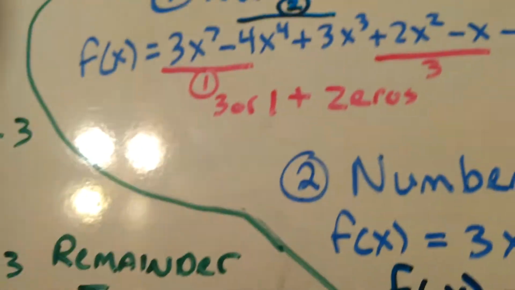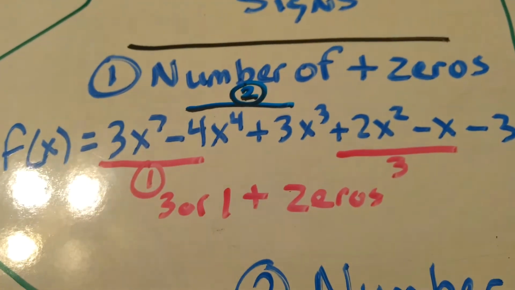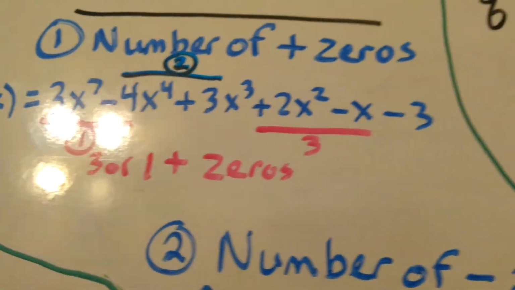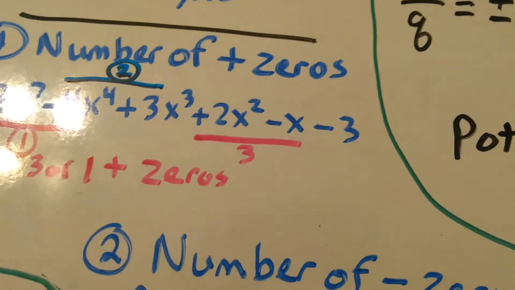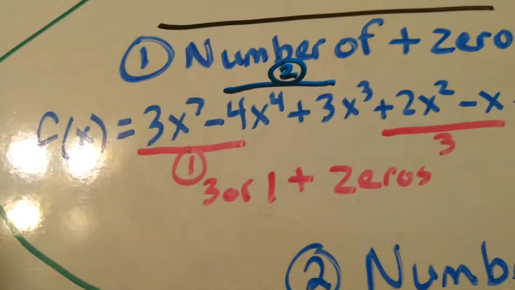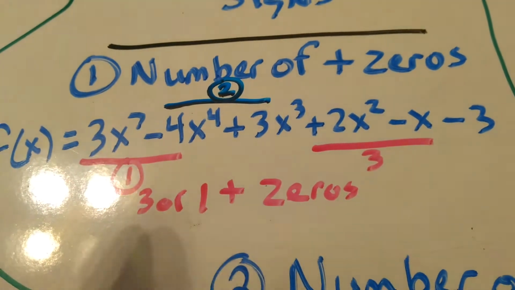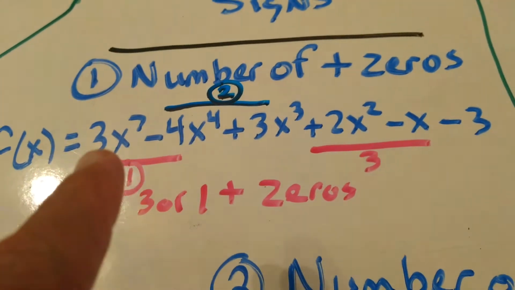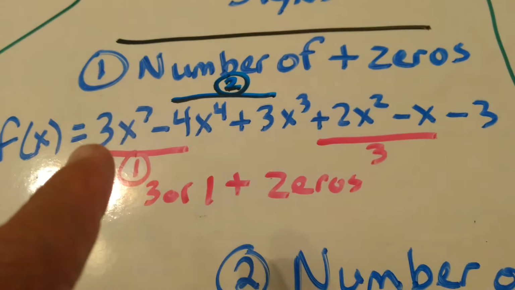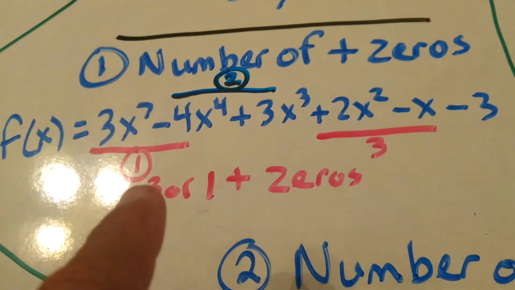So what happens is if we want to find out the number of positive zeros, then all we do, and this is example 3 in the book, all we would do is take the polynomial that we're working with, leave it alone, and then go from term to term. And if we have a sign change, that indicates a positive real zero.